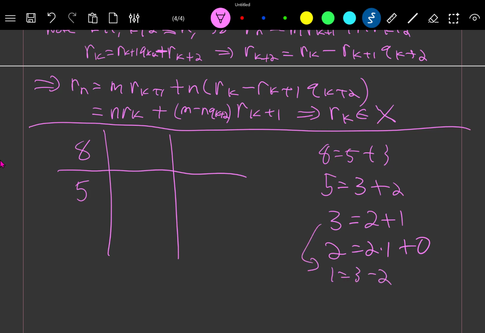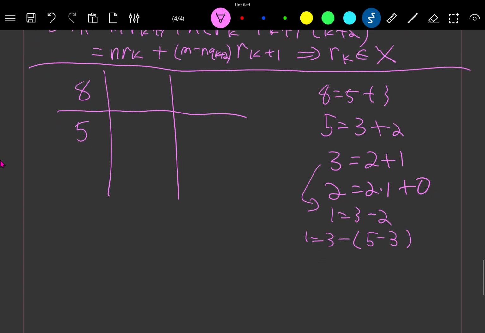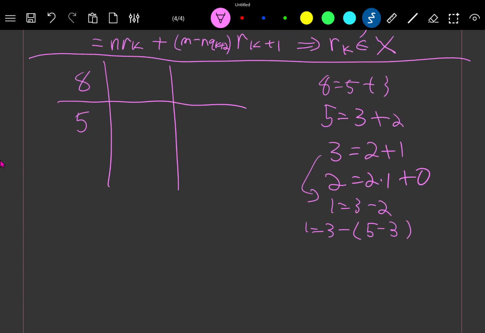1 is 3 minus 2, and then 2 is just 5 minus 3. So this is actually saying 1 is 2 times 3 minus 5. So that's using this.